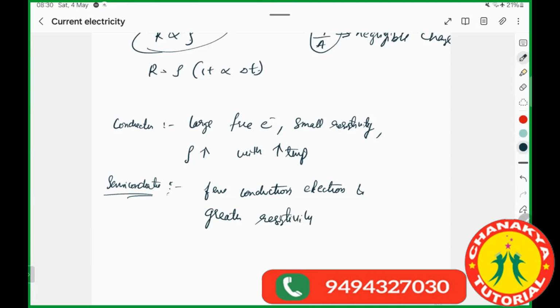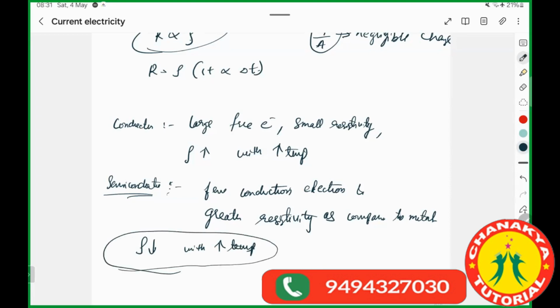Resistivity decreases with an increase in temperature. This is something you need to remember.